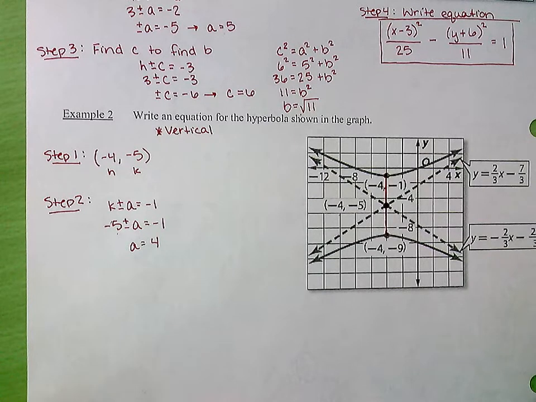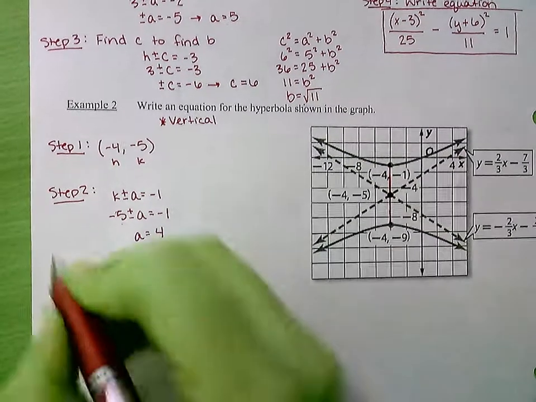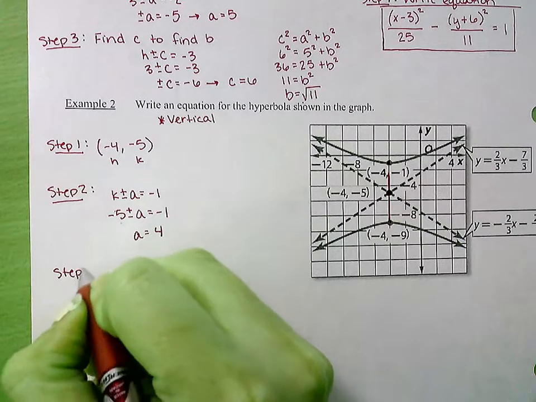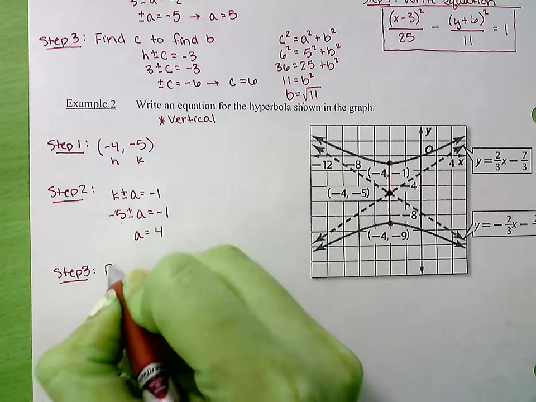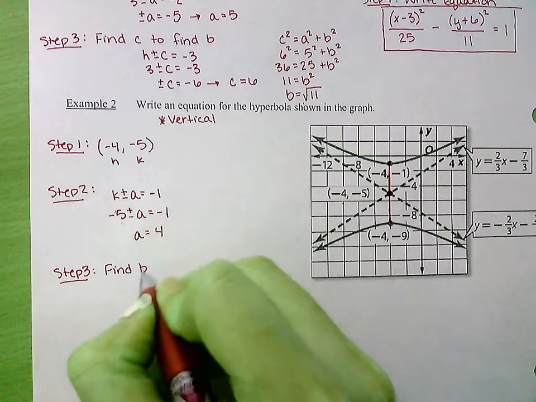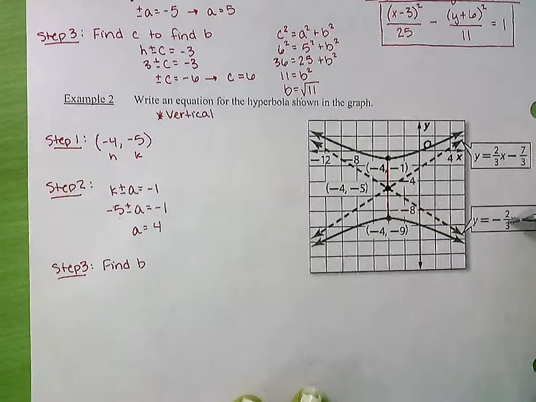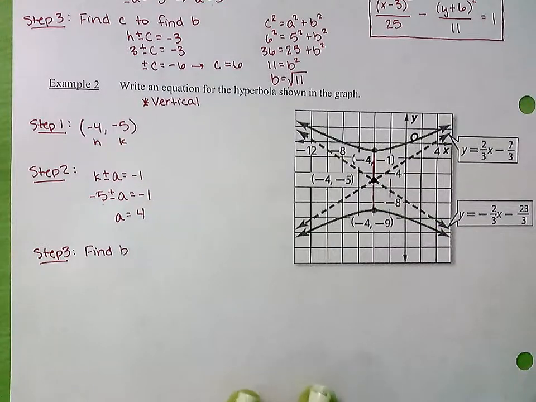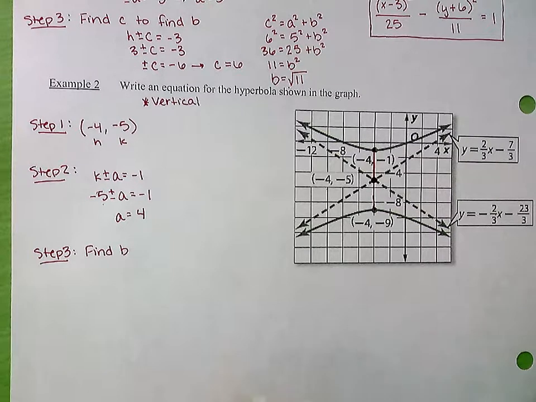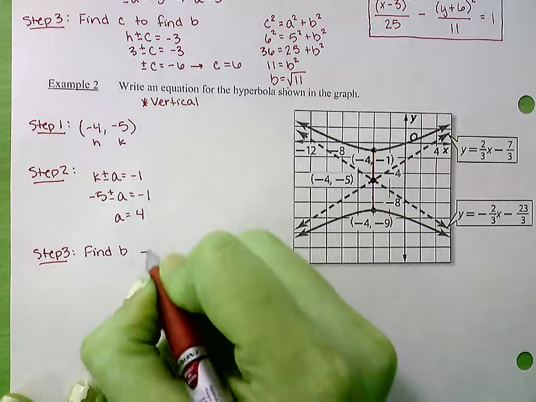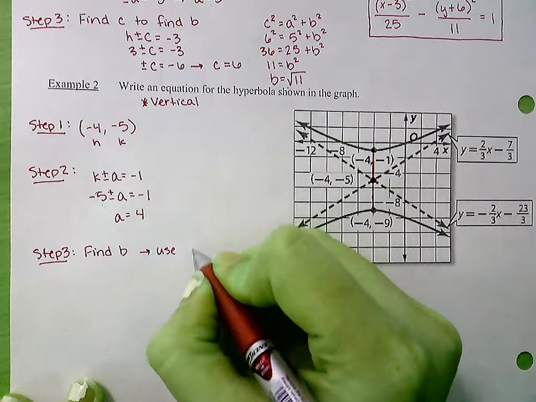Next, what I need to do is find b. Okay, to find b, this time I don't have any focus points and I don't have my co-vertices. However, I do have my asymptote equations. So to find b, we're going to use these asymptotes.